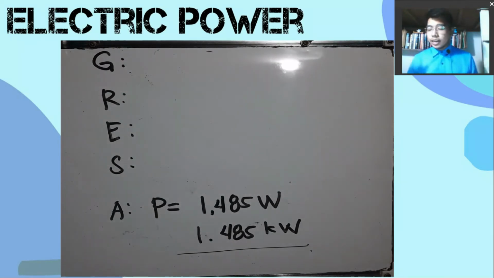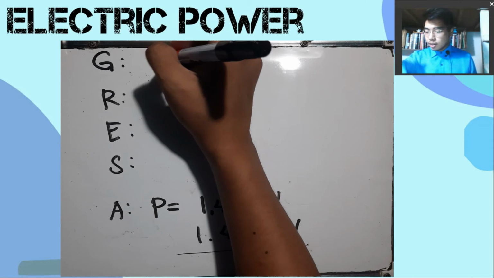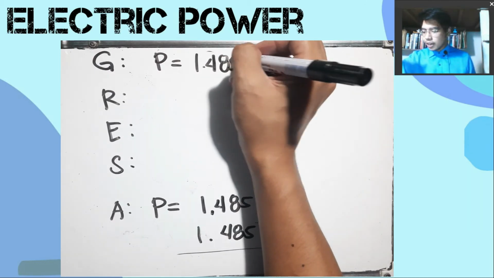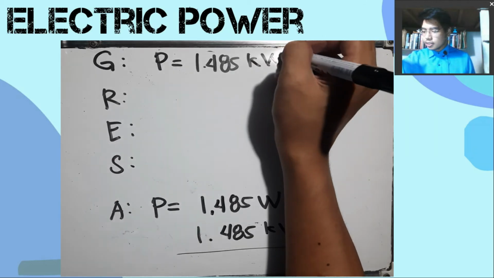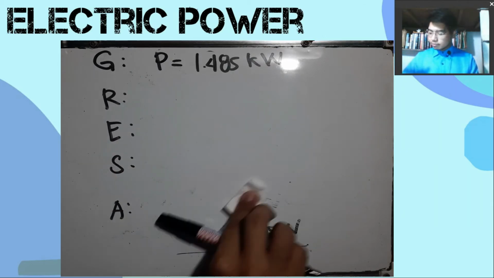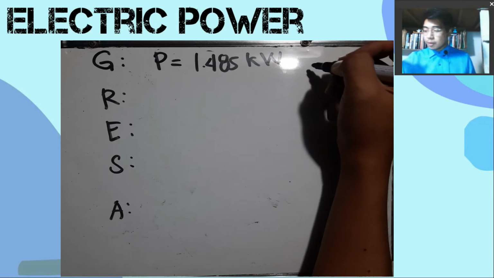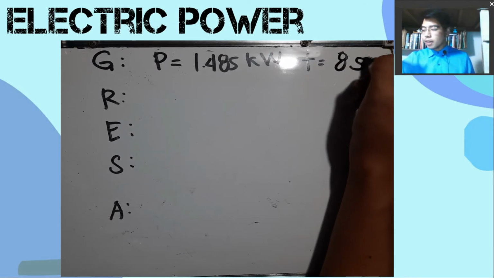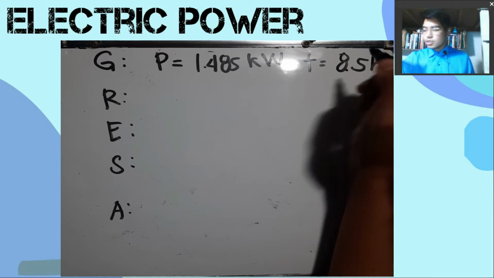Let's now consider the electrical power that was answered in the previous problem. The total power is equivalent to 1.485 kilowatts. And according to the problem, the time is equivalent to 8.5 hours.